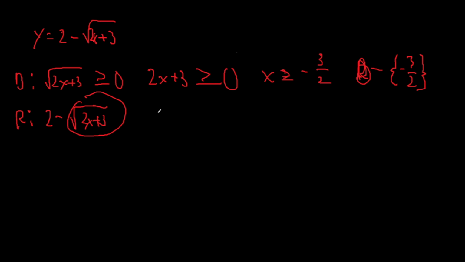So the greatest we can have is 2 minus 0, which equals 2. So that's the greatest value for y. y is less than or equal to 2, and that's the range.